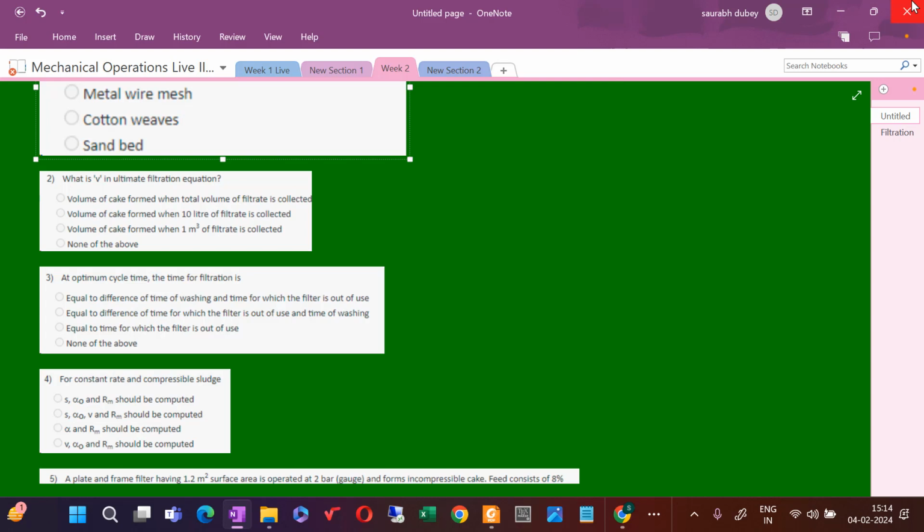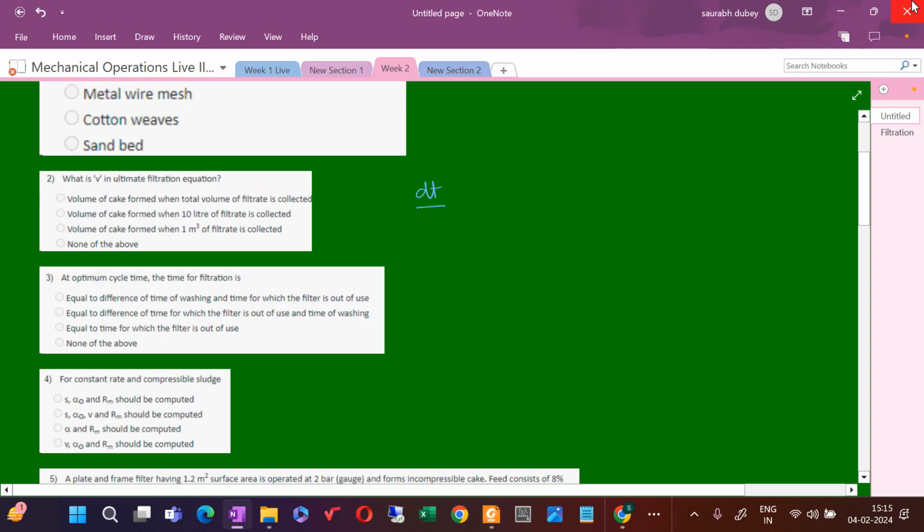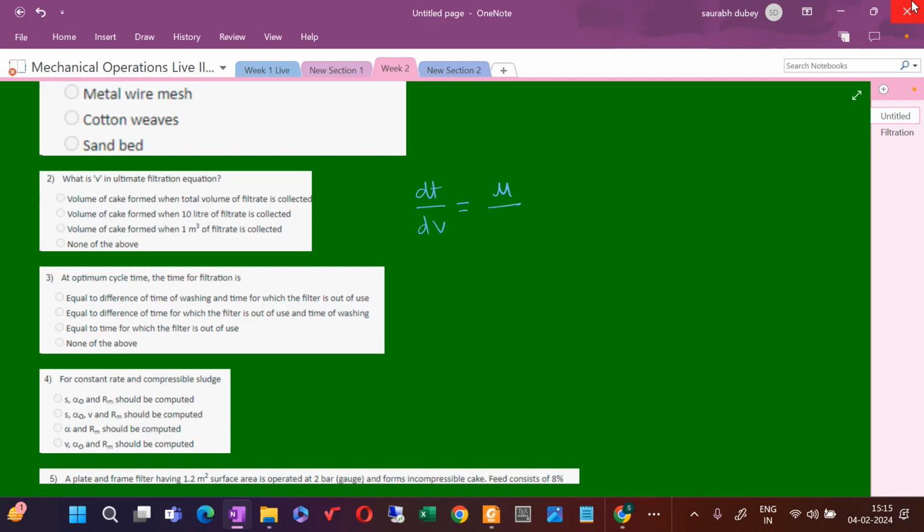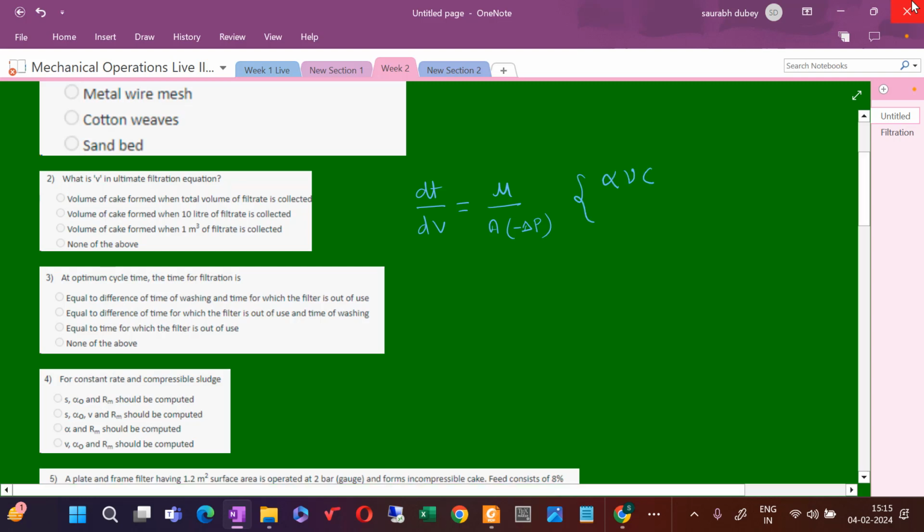You had two filtrations, constant rate filtration and constant pressure filtration. For the constant pressure filtration, you had dt by dV equals mu divided by A times pressure drop, times alpha v c divided by A plus Rm.